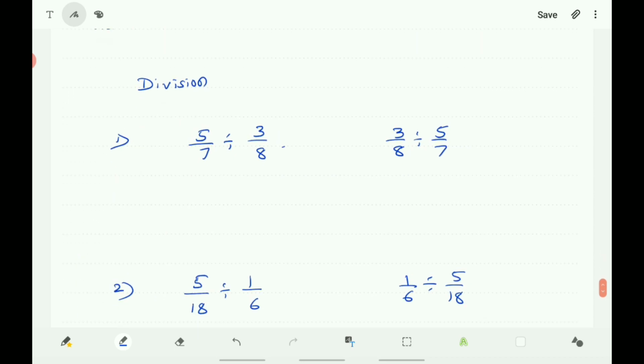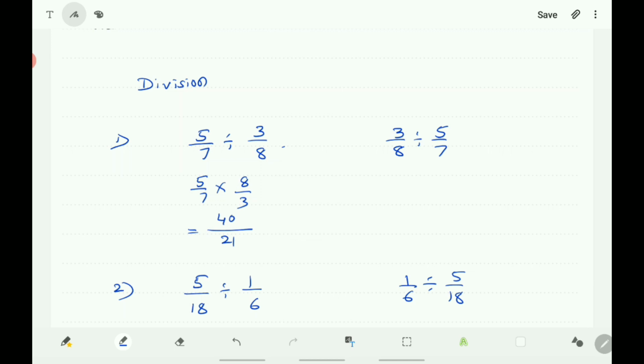You take two rational numbers. Here we have taken 5 by 7 and 3 by 8, and you divide 5 by 7 by 3 by 8, and you know that it becomes 5 by 7 into the reciprocal of 3 by 8, that is 8 by 3, and the product becomes 8 5s are 40 by 21.